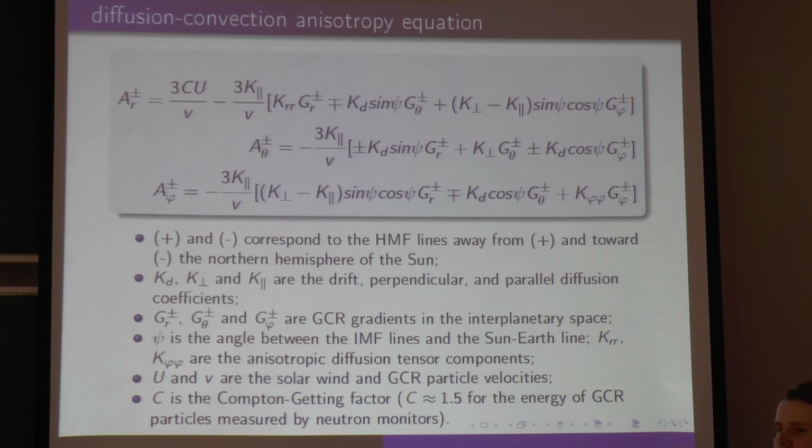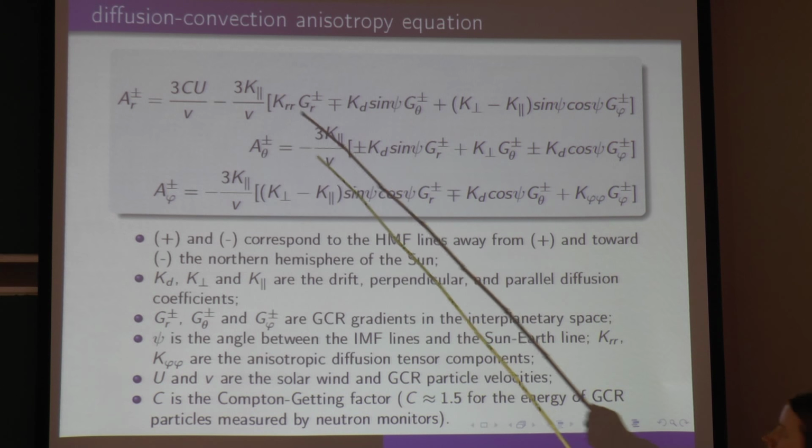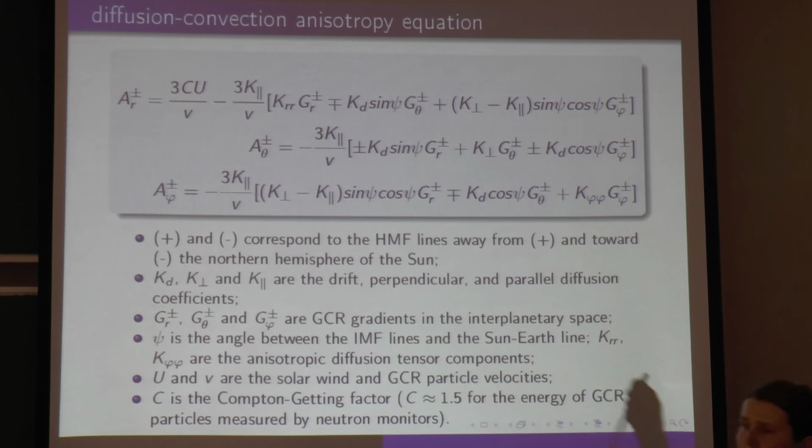We make some assumptions. We simplify this equation because we have no possibility to obtain it in a general case. This is the more general equation, and if we, for example, average for a long time, we average the different sectors. Yes, this is already an average because there's no time here.